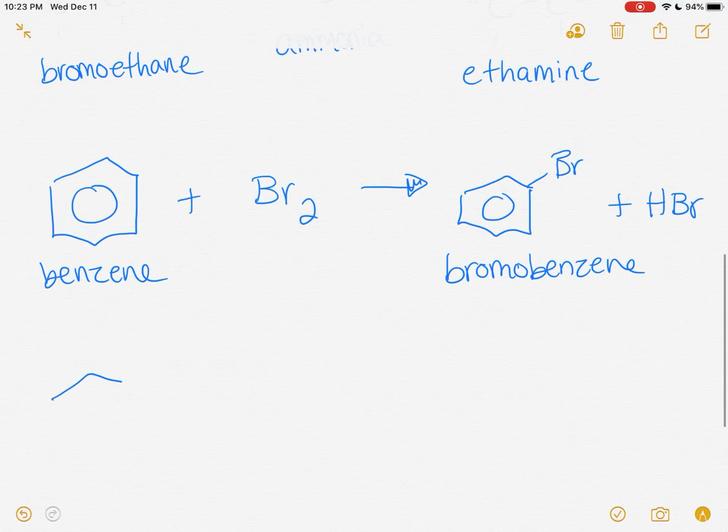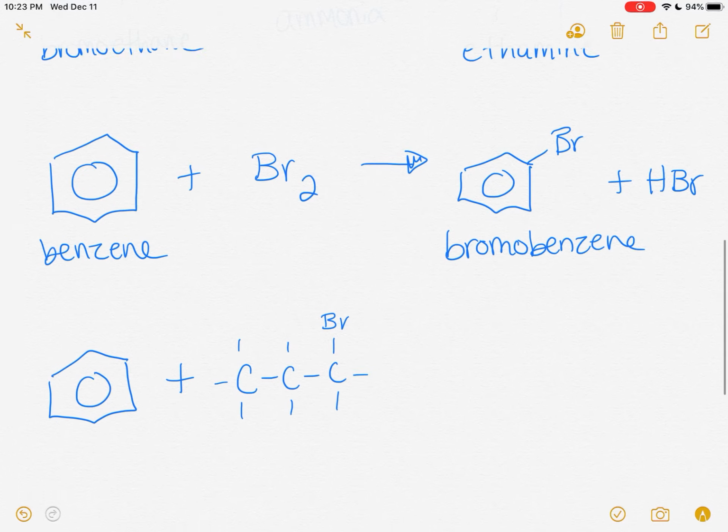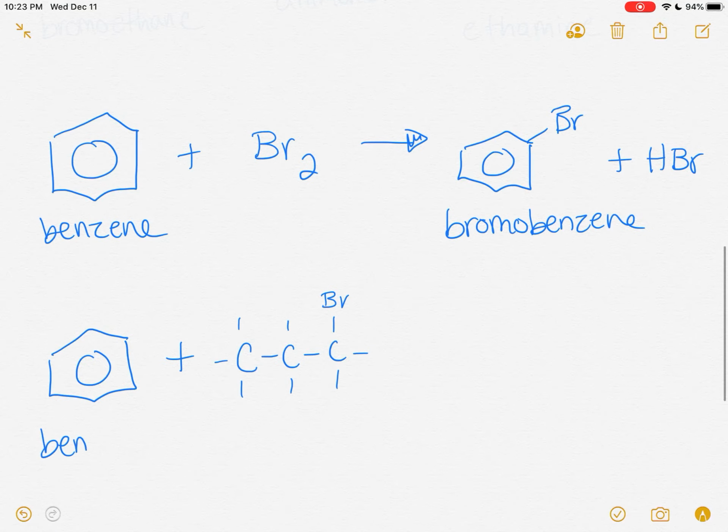The other thing we can substitute onto a benzene ring is an alkyl chain. So if we use something like this, an organic halide, so we use benzene, and this is going to be 1-bromopropane.